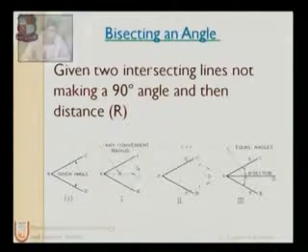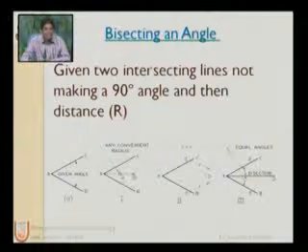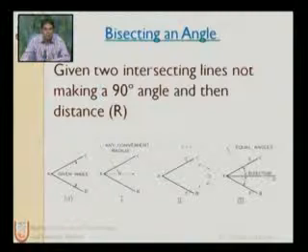On the next step, take any equal radius or the given radius. For example, if it is given 20 mm, take R as 20 mm. So with the help of a compass, put the point on A with A as a center.